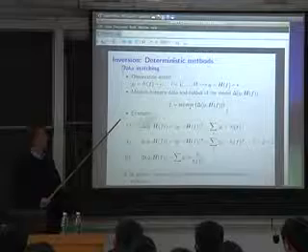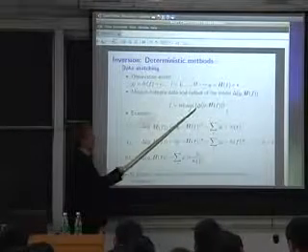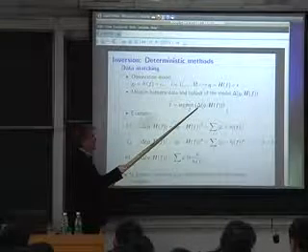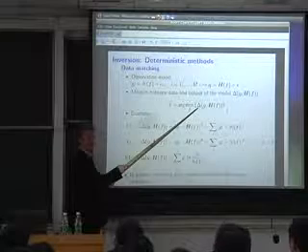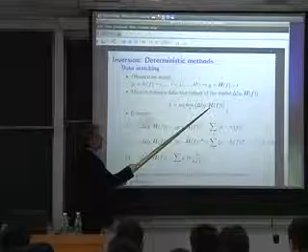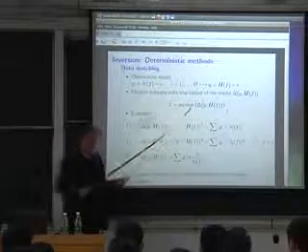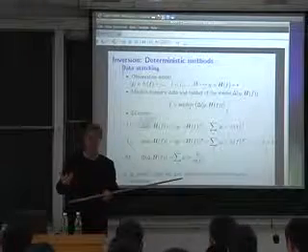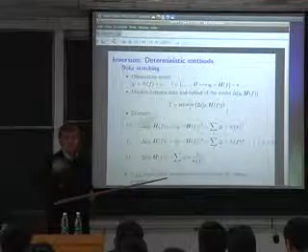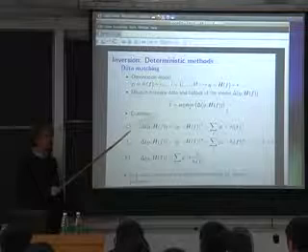Data matching, what is the main idea of data matching? I am going to define a distance, and there are many different distances, between the observed data and the output of the model. It is normal that we want to minimize the distance between the observation and the output of the mathematical model. What are the distances?